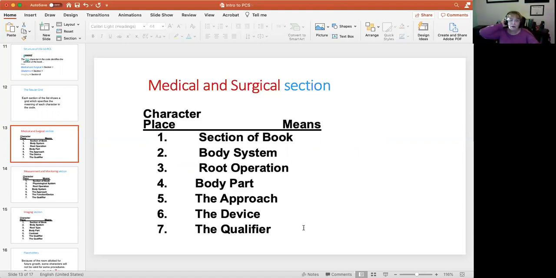The first character is the section of the book, the second character the body system, the third character the root operation term, the fourth character the specific body part, the fifth character the approach, how did the doctor get there, the sixth character whether there was a device involved that's going to stay in the patient, and the seventh character, which could be whatever else they need to add.